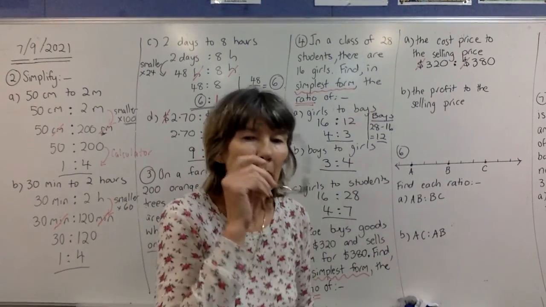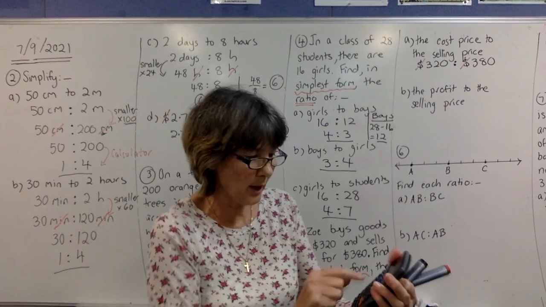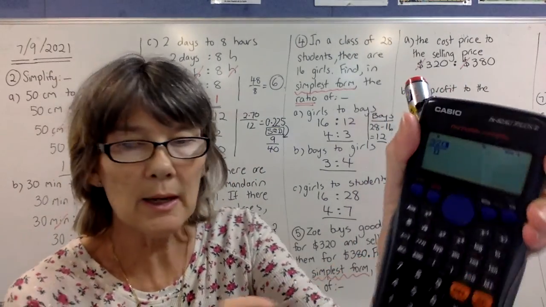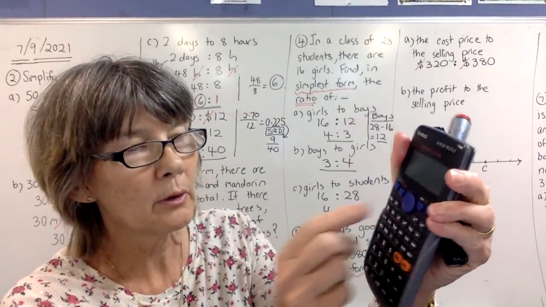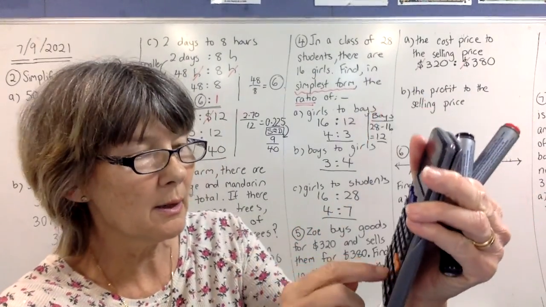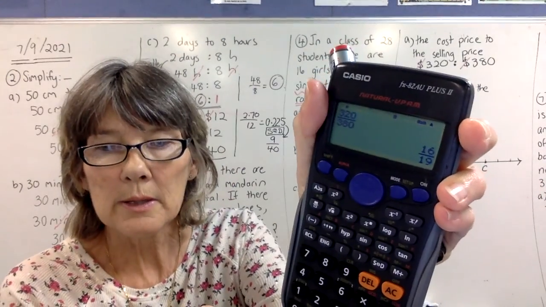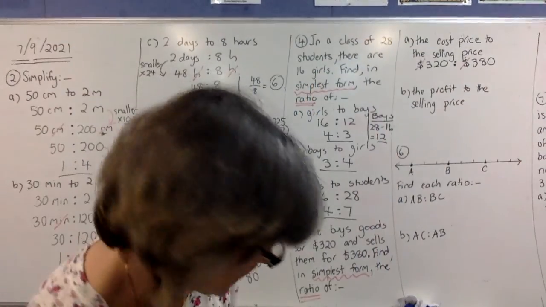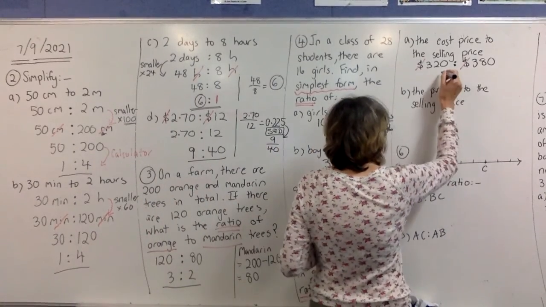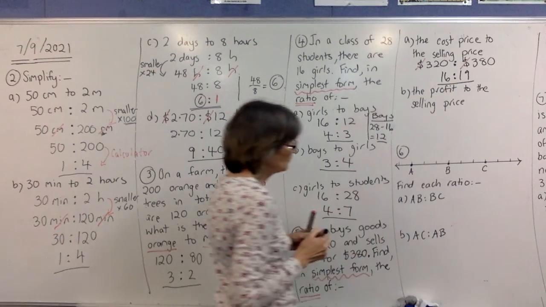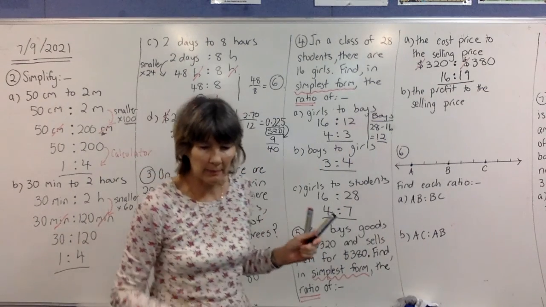I'm not going to risk this one, I'm just going to try this on the calculator. So let's press the fraction key, 320, down arrow, 380, and then we press equals, 16 over 19, which we're going to write as 16 to 19. And that's your answer.